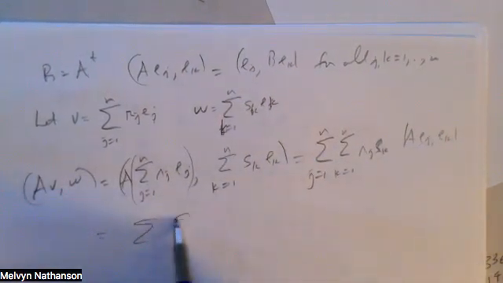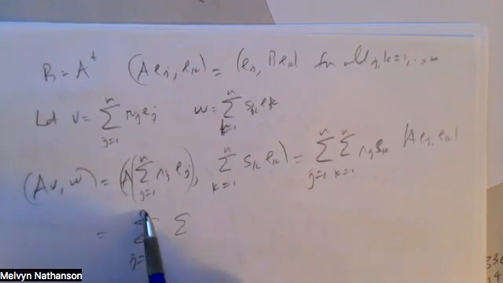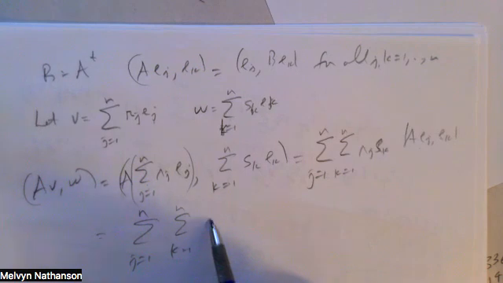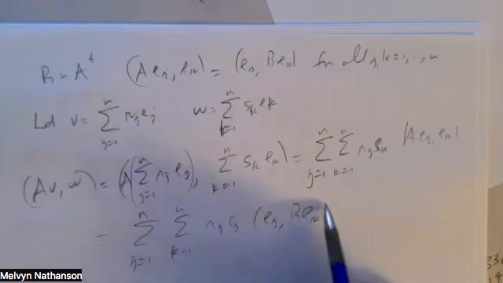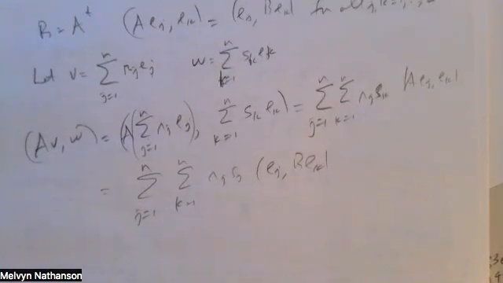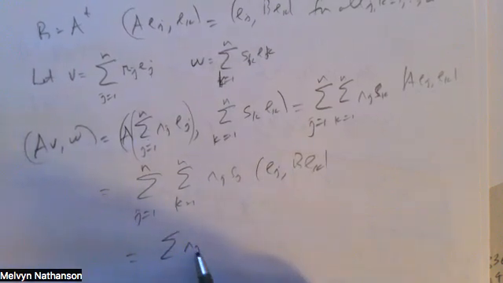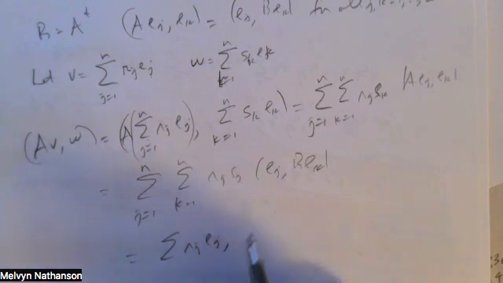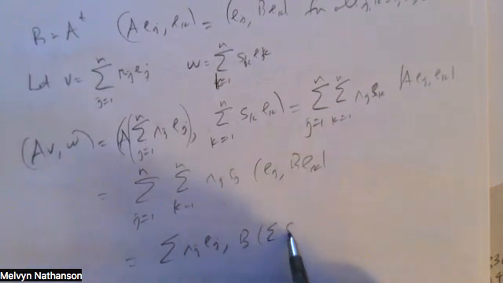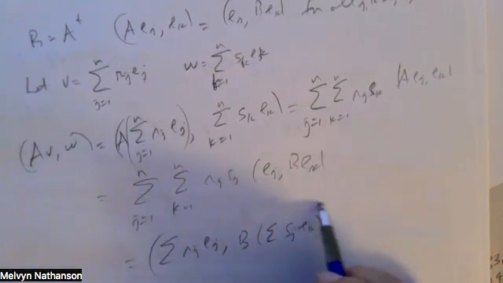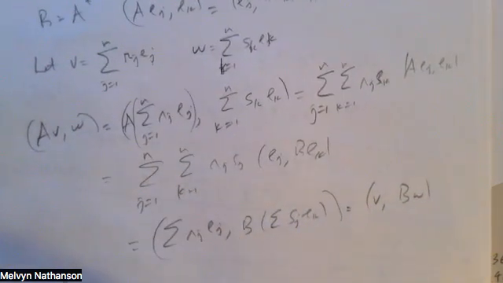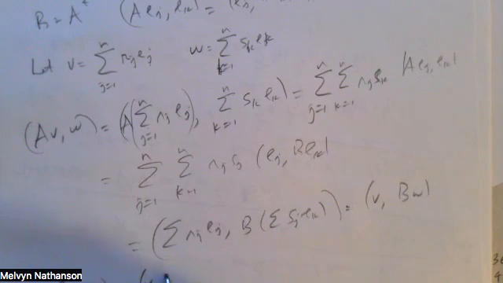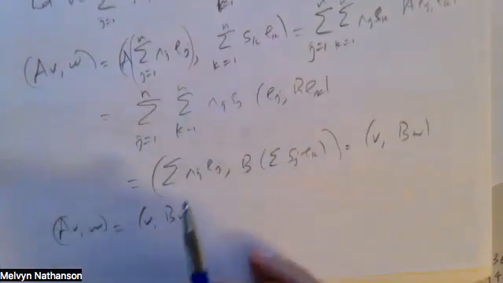But we just showed, J and K go from 1 up to N, RJ SK, this is the same as the inner product of EJ with B of EK. And this is exactly summation RJ EJ inner product with B of summation SK EK, which is V inner product B of W. So AV inner product W equals V inner product BW, but B is just A transpose.